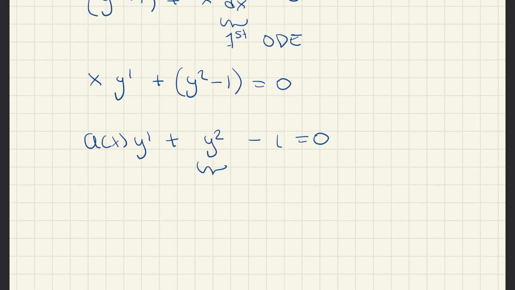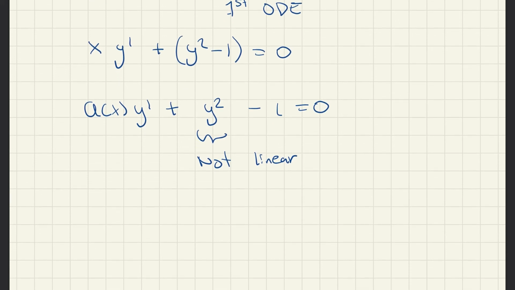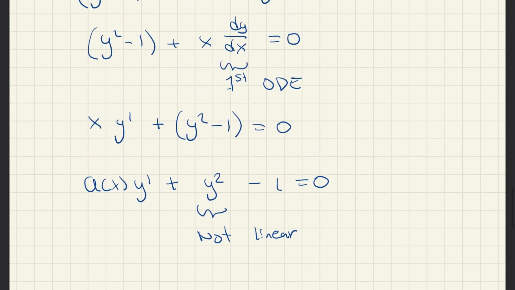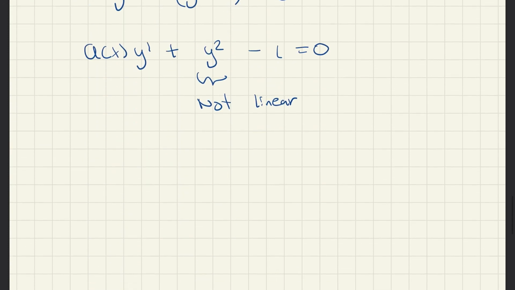As you can see, this term right here is not linear, as y squared is not a linear function. It's a parabola, so therefore it is non-linear. Now that was for y.